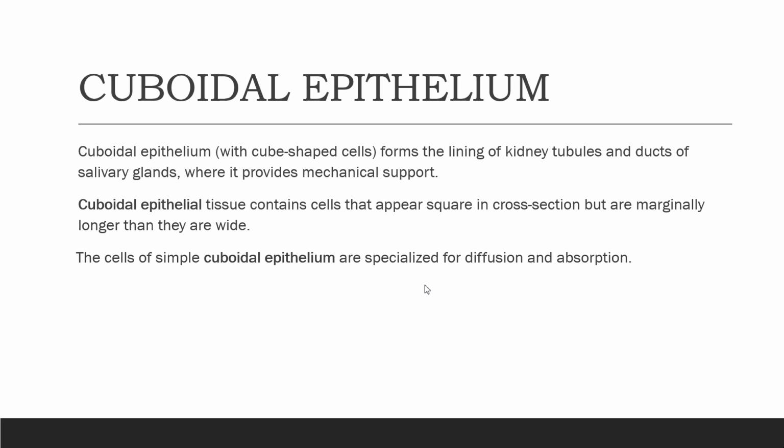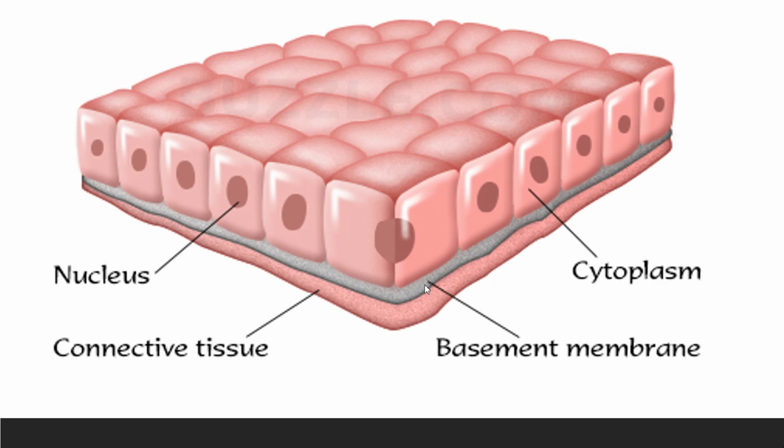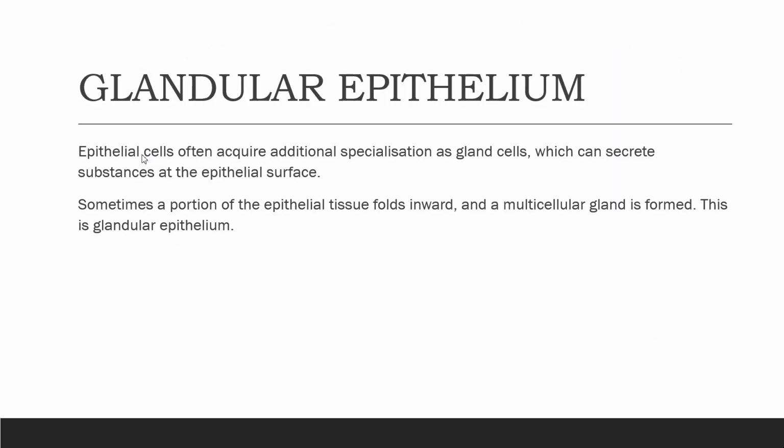The cells of simple cuboidal epithelium are specialized for diffusion and absorption. You can see here they are observed as a square, right? But here they are quite longer than they are wide, so they are called cuboidal epithelium.